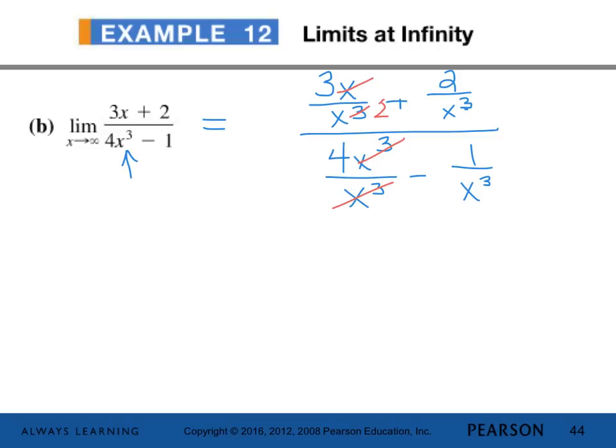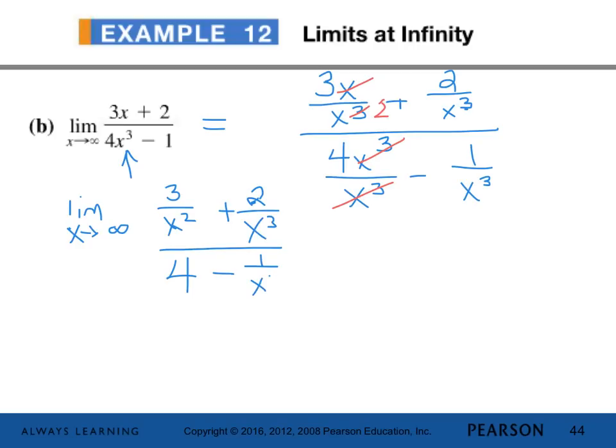is the limit as x approaches infinity of (3 over x squared plus 2 over x cubed) divided by (4 minus 1 over x cubed).